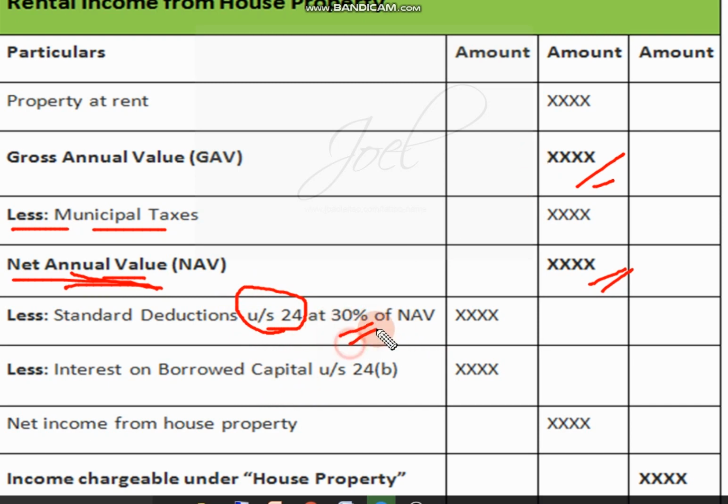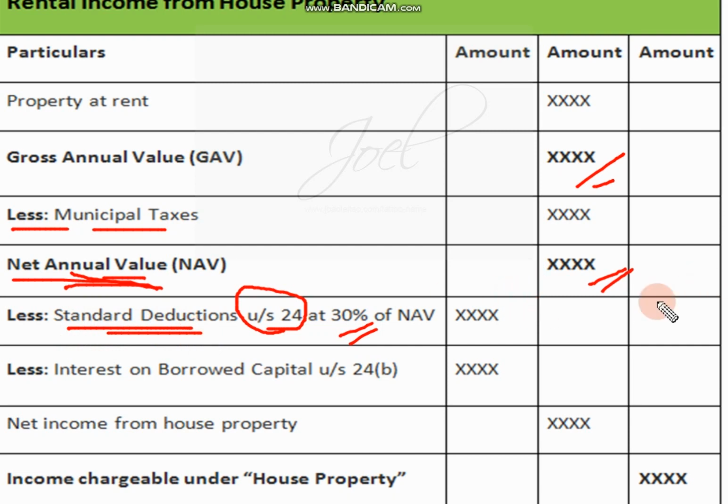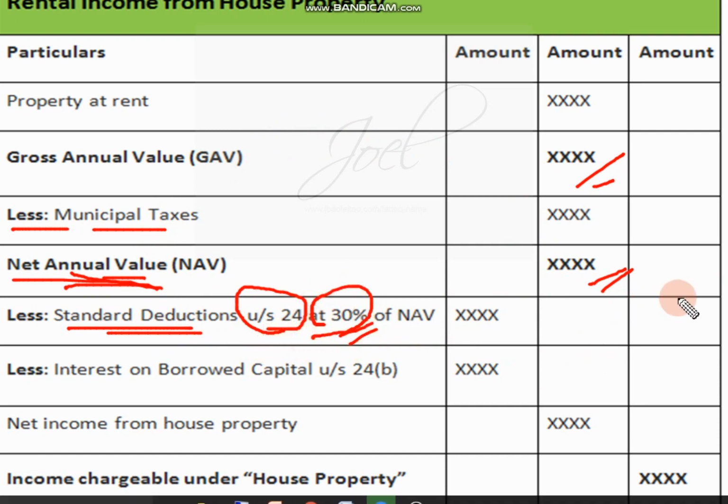One is the 30% standard deduction. For example, when there is house property, repairs, maintenance, handling charges, collection charges, all these things will come. We cannot consider these items individually, so as a whole a 30% amount is given, and that 30% is considered here.